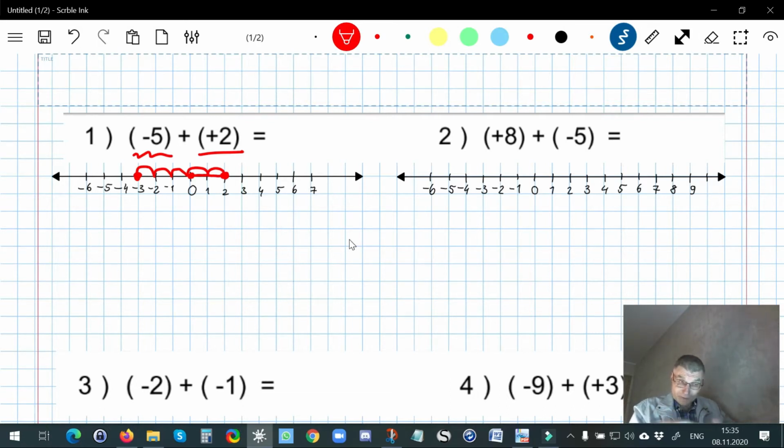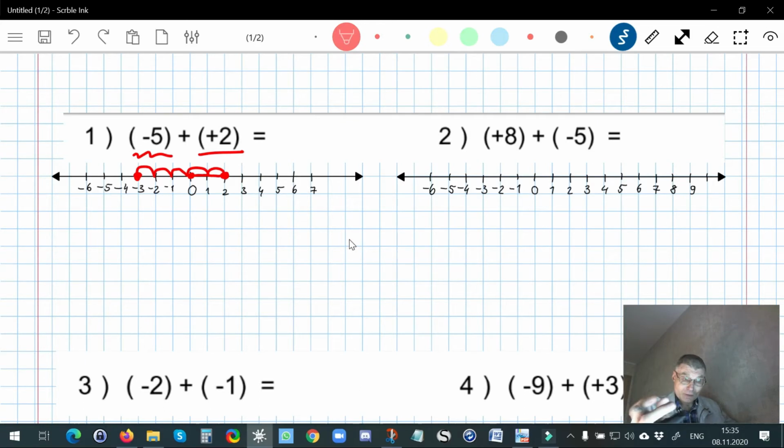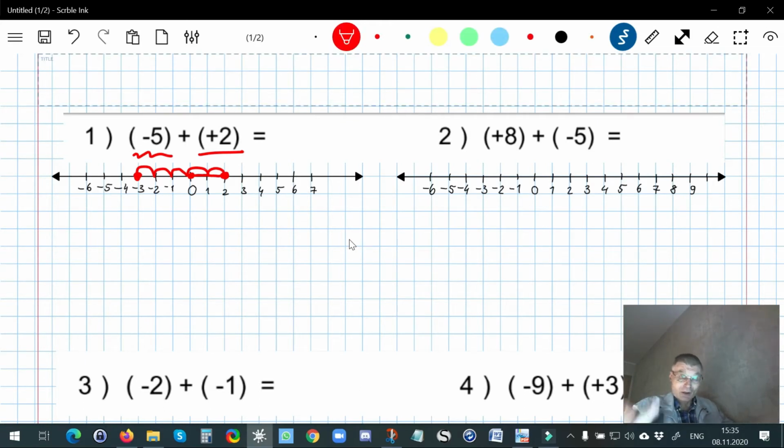So whatever the order in which I do my operations, it's an addition. There's no difference. In any way, the number here is -3. Great. Let us do number 2.